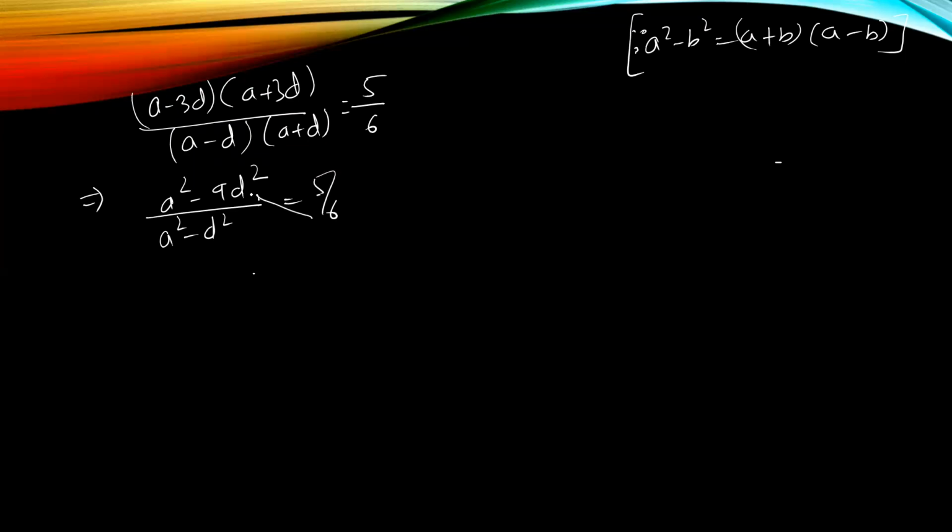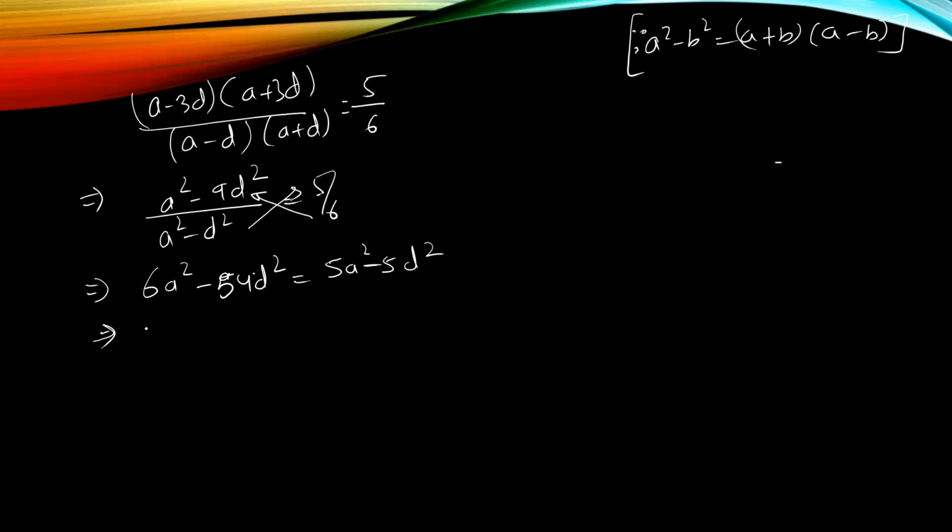By using cross multiplication, what we'll get? 6 into a square minus 6 nines are 54 d square equals 5a square minus 5d square. Right?